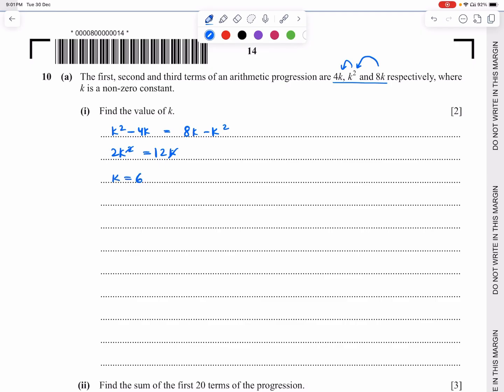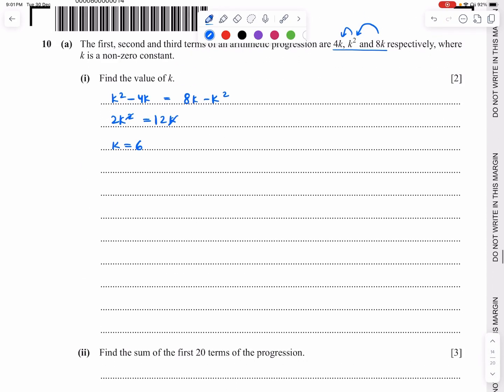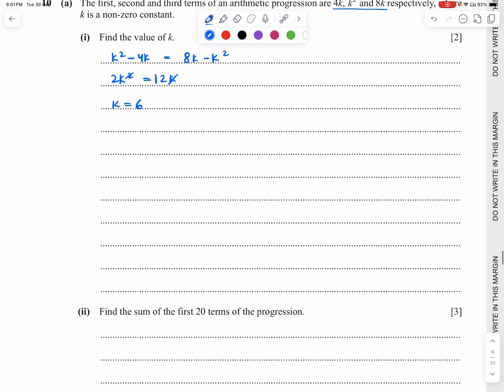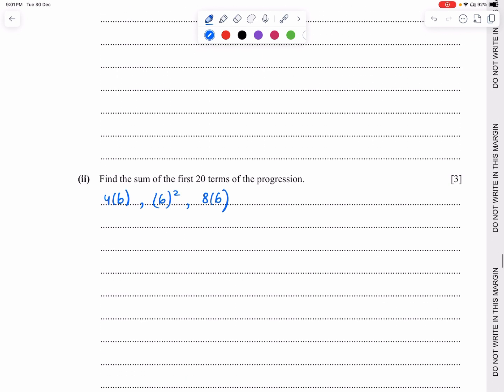As simple as that. The next part says find the sum of the first 20 terms of the progression. First of all, I'll just plug in 6 into all of these values. This gives us 24, 36, 48.